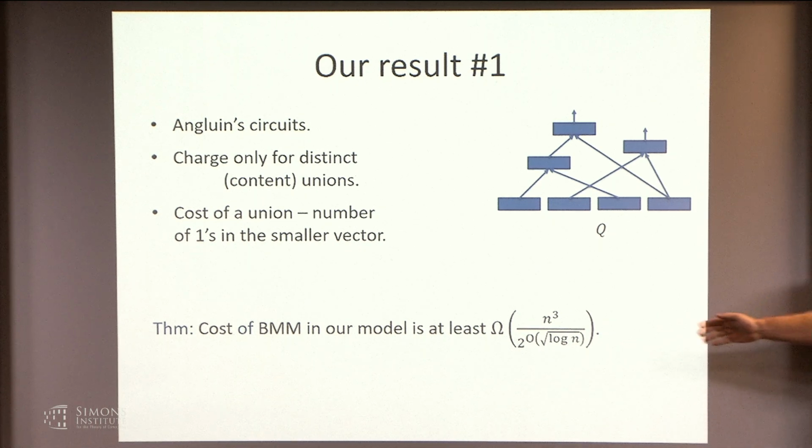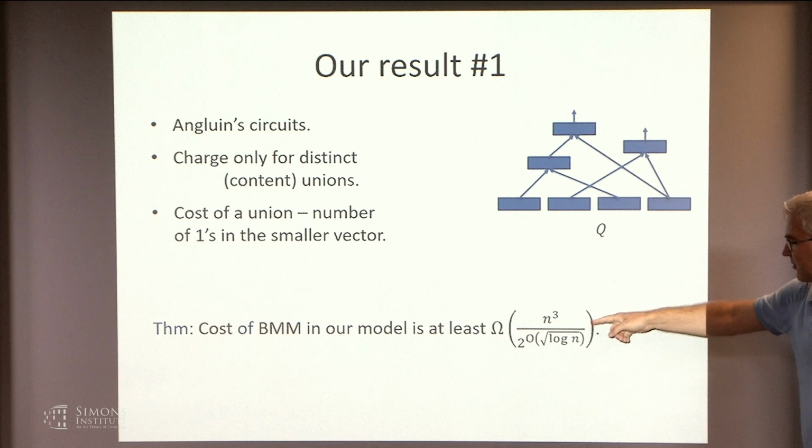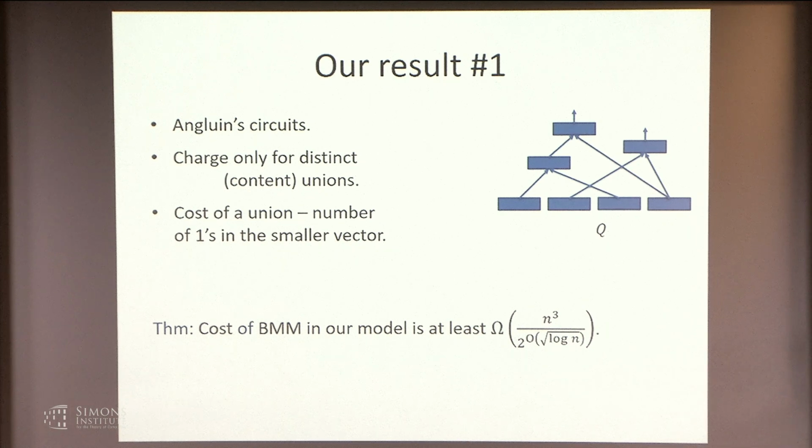Although this bound reminds you of Ryan's result, I think this 2 to the order square root of log n comes for different reasons, but it's the same function. So that's the first result.